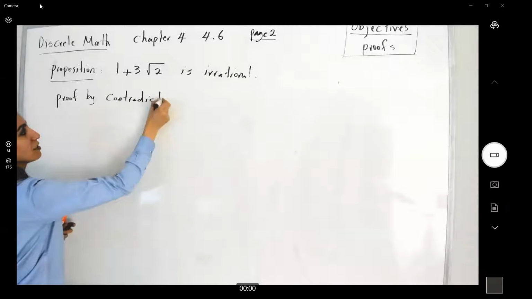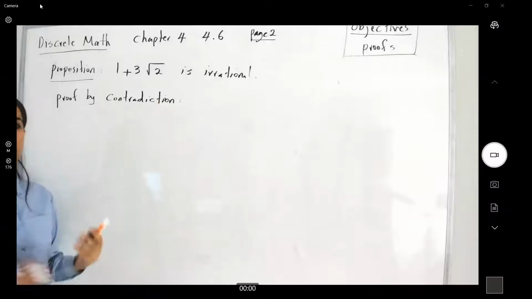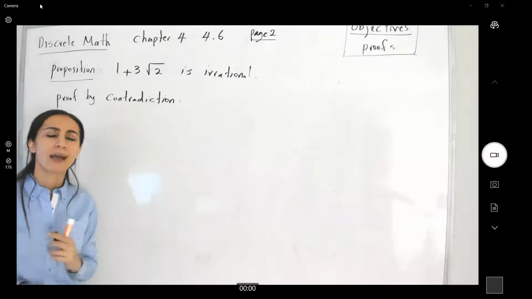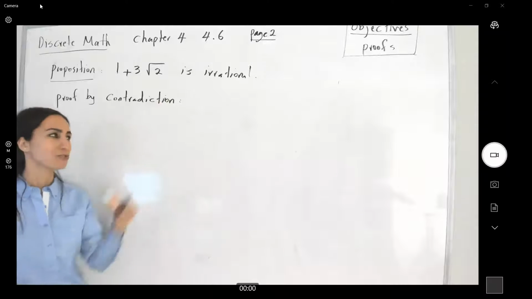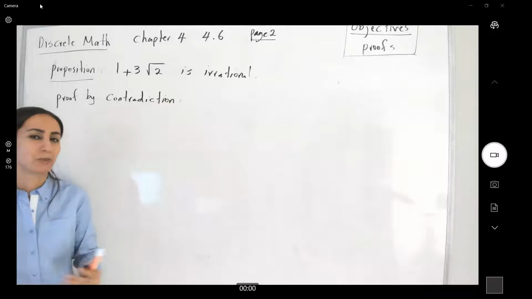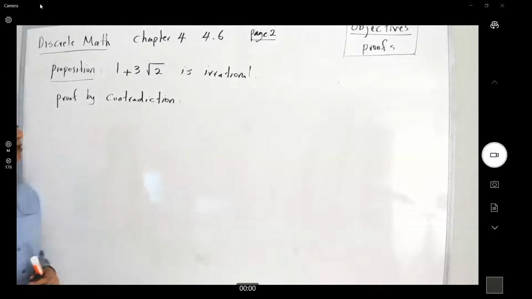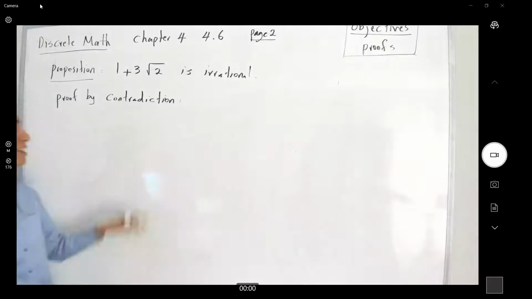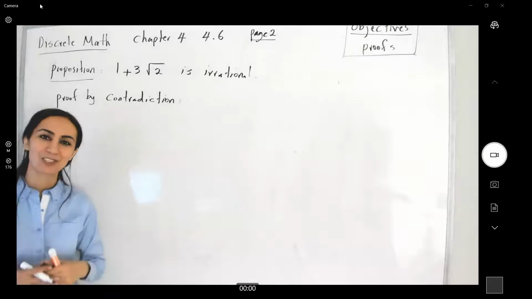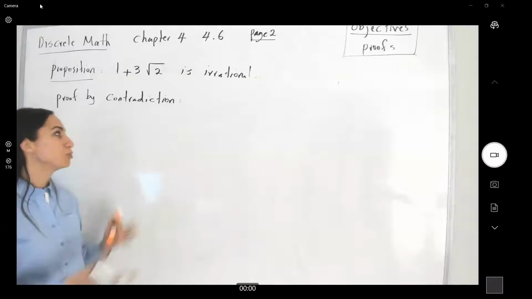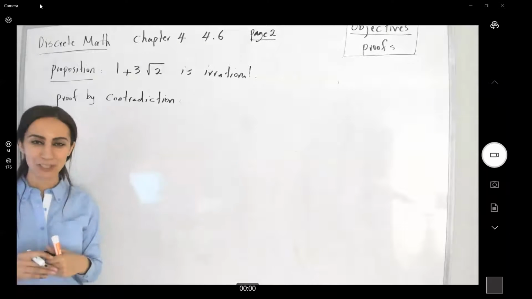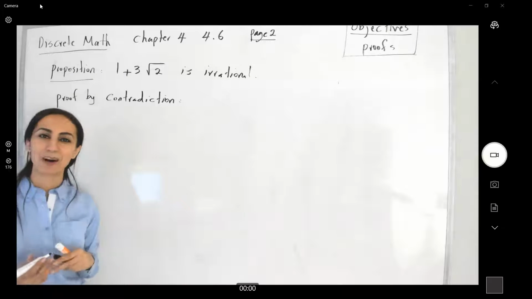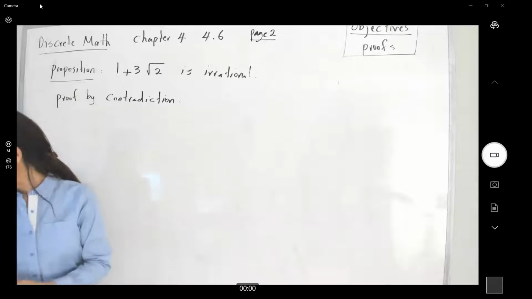Since in this section we start talking about contradiction and contraposition, that's why we're just focusing on contradiction. You might say, I want to use the direct definition and the theorem. Yes, you can proceed that way as well. But again, since we started this chapter by moving on to contradiction and contraposition, let's use the method of contradiction.